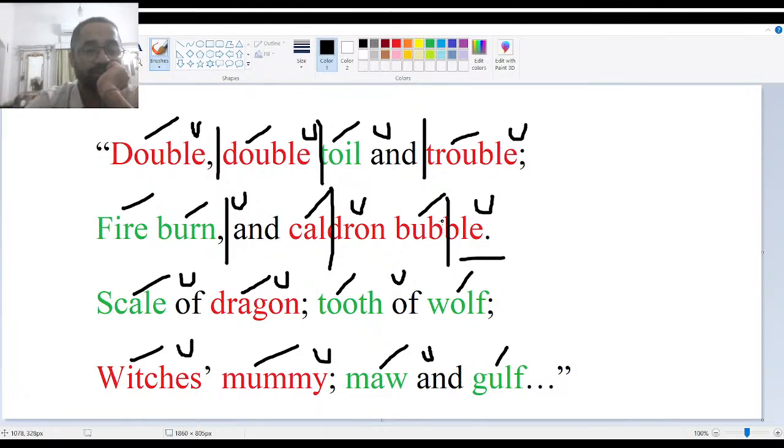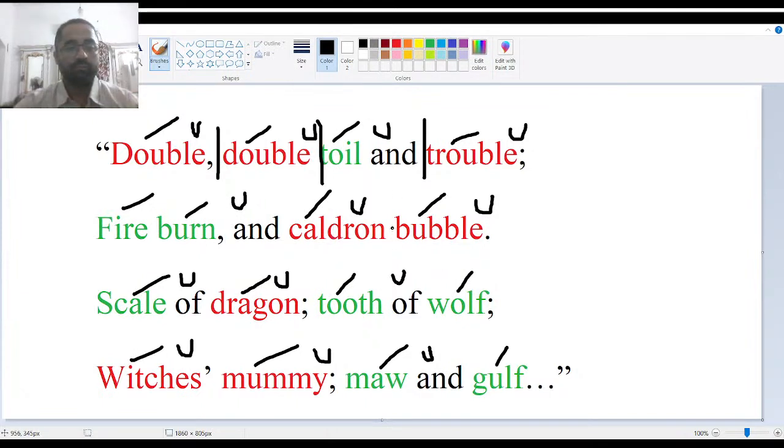So you have to do something about it. All you can do is isolate the trochees, and in order to do that you have to separate the first word, the first sound in this line, and after that it becomes easier.